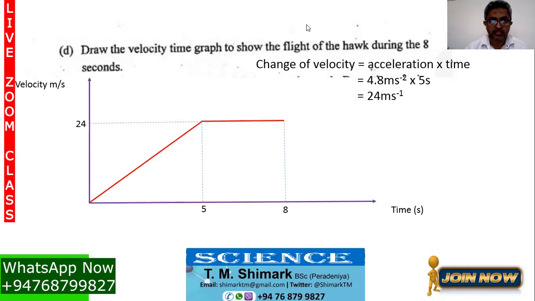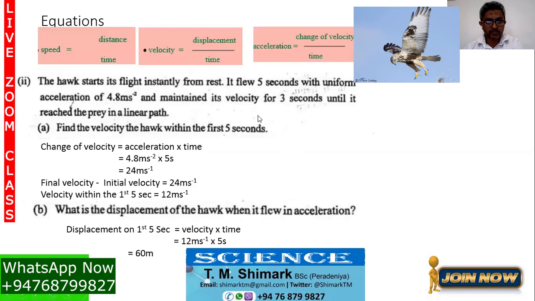If you are asking why this is a straight line parallel to time, it's because when the time changed, the velocity did not change, right? It said very clearly in the question, it flew 5 seconds with uniform acceleration of 4.8 meters per second squared and maintained its velocity for 3 seconds until it reached prey.